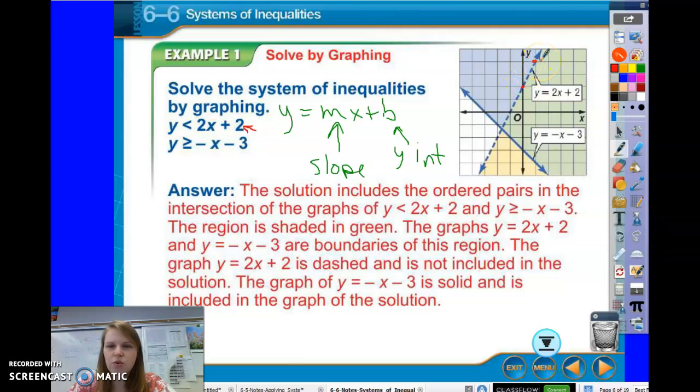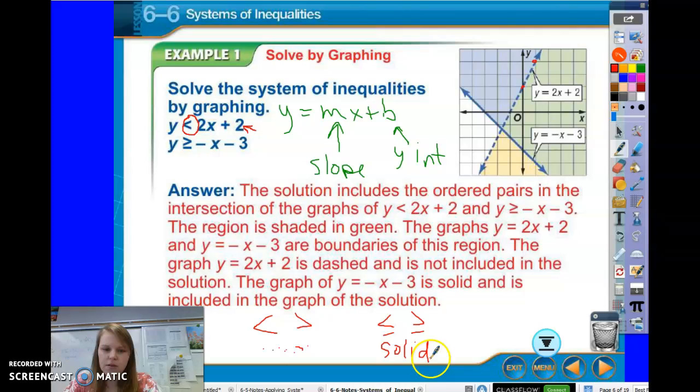The next thing to do is to figure out, is this a solid line or a dashed line? This symbol tells us that. Less than and greater than are going to be a dashed line. Well, that was a really bad dashed line. These would tell us that it's a solid line. We'll just write the word dashed.